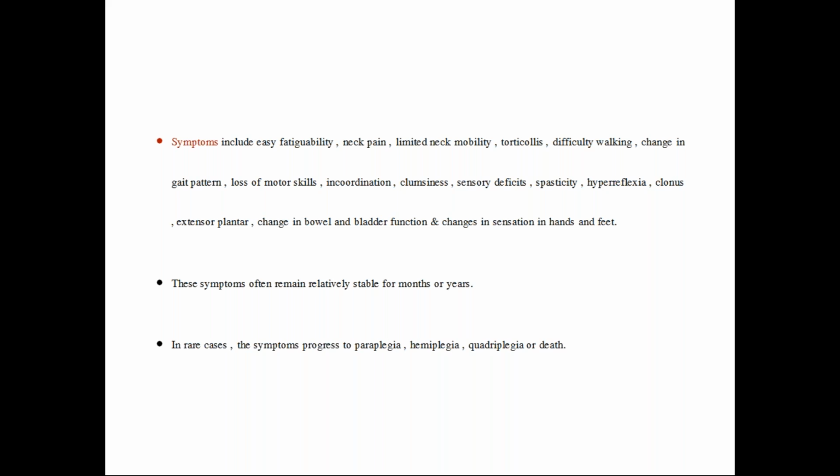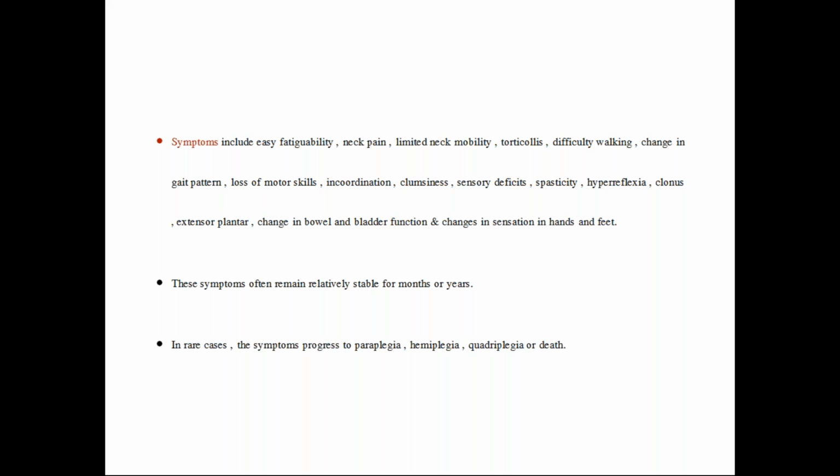Difficulty in walking or change in the gait pattern. Any loss of motor skill should make you suspect Down syndrome. And incoordination or clumsiness in every task given.